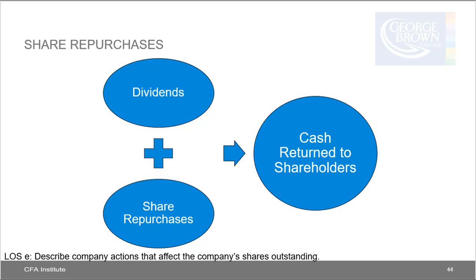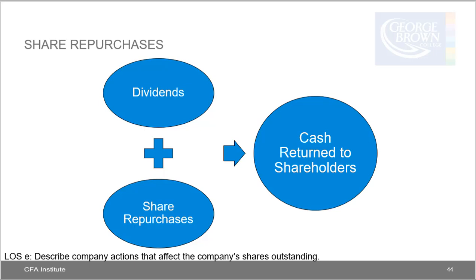To buy back shares, a company can buy shares on the open market just like any other investor, or it can make a formal offer for a repurchase directly to the shareholders, okay? For an existing investor who does not sell their shares, the decrease in the number of shares outstanding effectively increases that investor's ownership percentage.